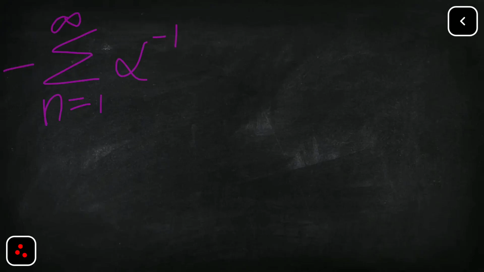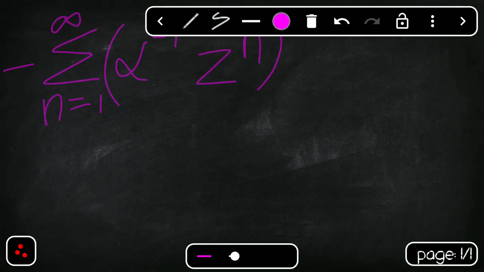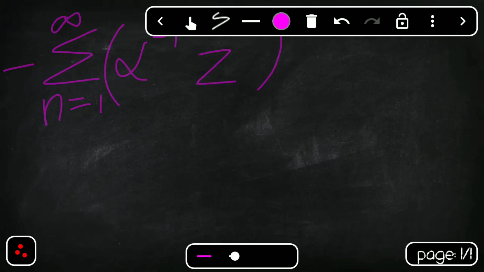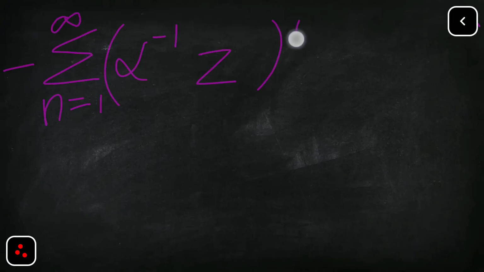Here the minus you need to keep without fail, and this is z to the power of n, that is z to the power of 1 into n, right? This minus is associated with alpha, so we removed it outside. After we took n as the power, we kept this outside.